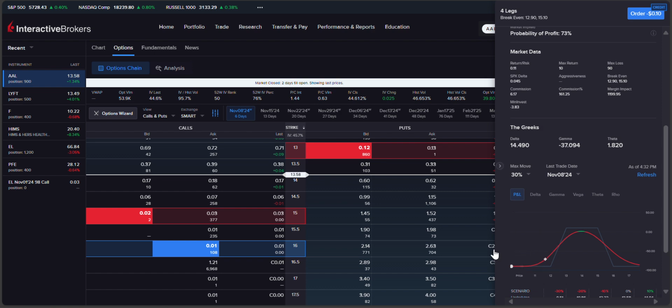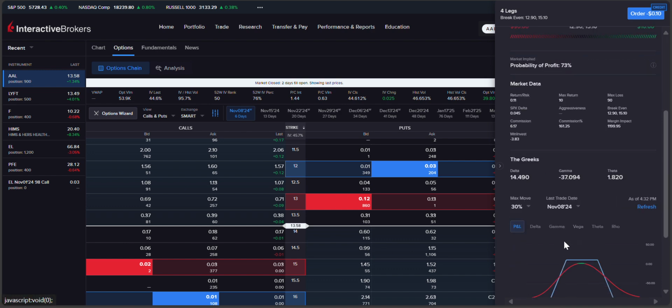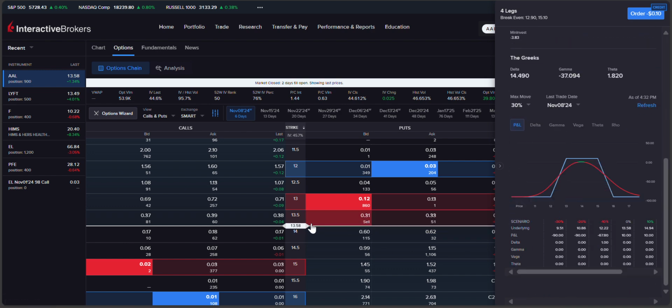The stock can, for example, end up here, and all the options expire worthless because they remain within this range. If the stock ends up between 13 and 15, all these options expire worthless. And by doing so, you pocket the difference.